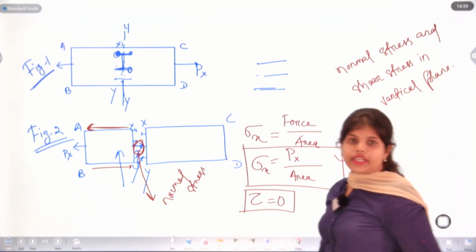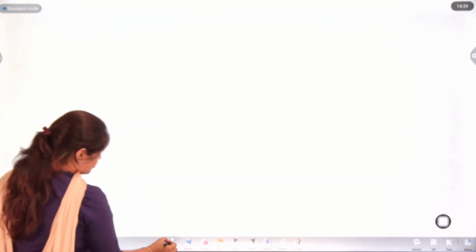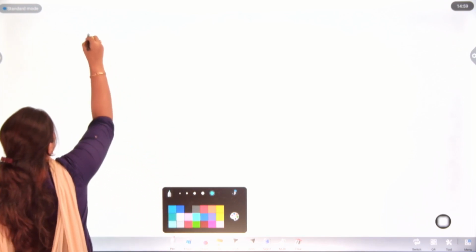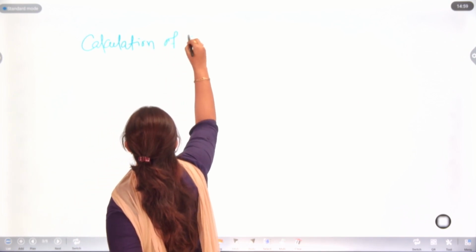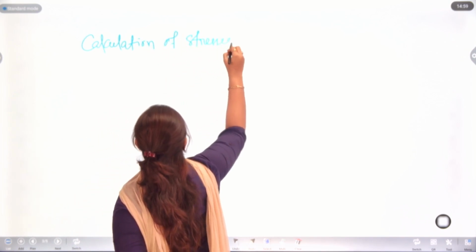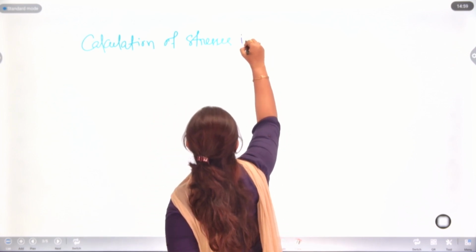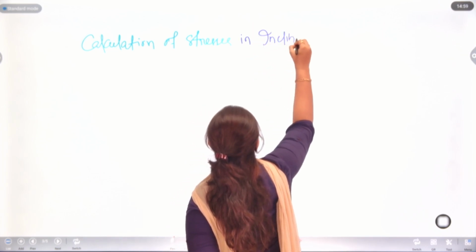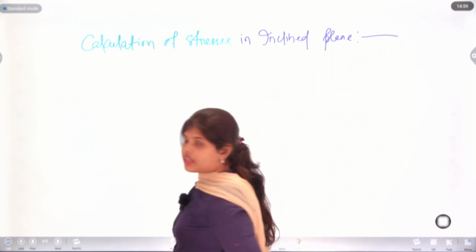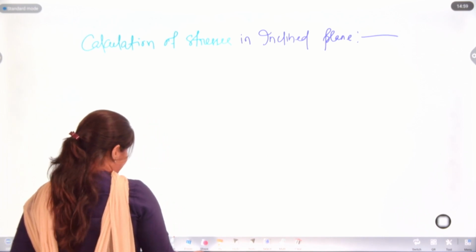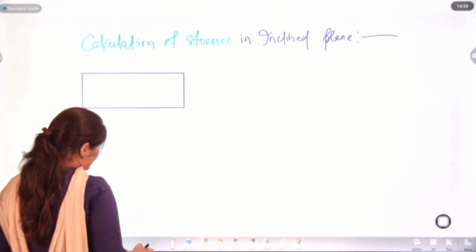But our topic is to find the stresses in an inclined plane, the calculation of stresses in an inclined plane. Now we will take that similar object. This object is in 2D condition.